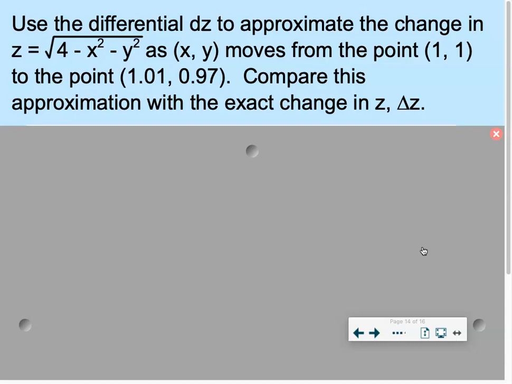Oh gosh, we have so much more. A week from today is when we do absolute extrema on a closed bounded region. It's just like absolute extrema on a closed interval from last year, except now it's with multiple variables.